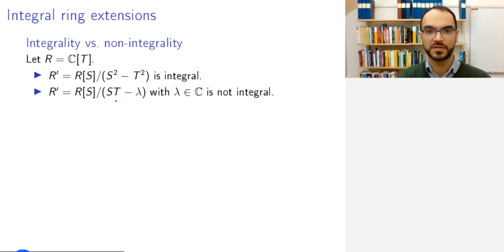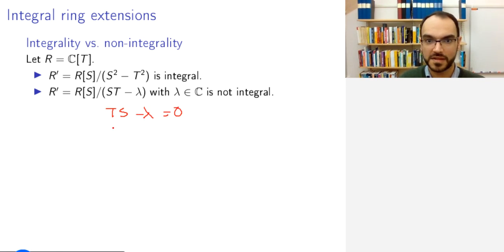So any polynomial equation that s will satisfy will be a multiple of this thing. And this is not monic, so this is t times s minus lambda equals 0 is what s satisfies. And this t is not a unit, so we cannot divide by it and get a monic polynomial.